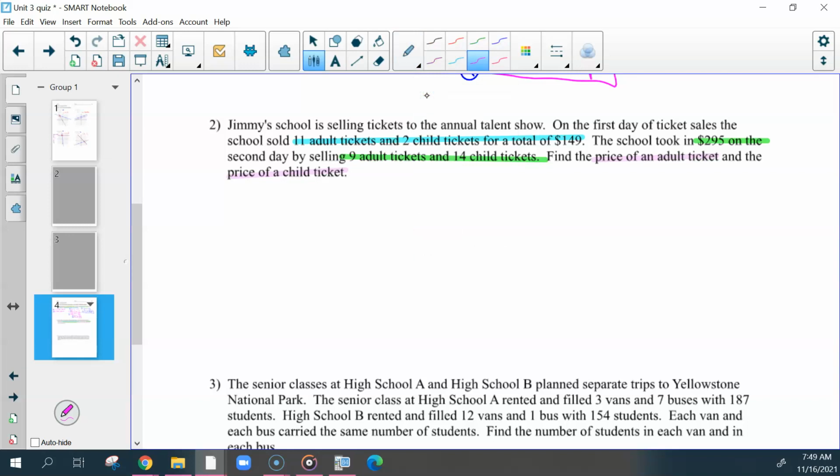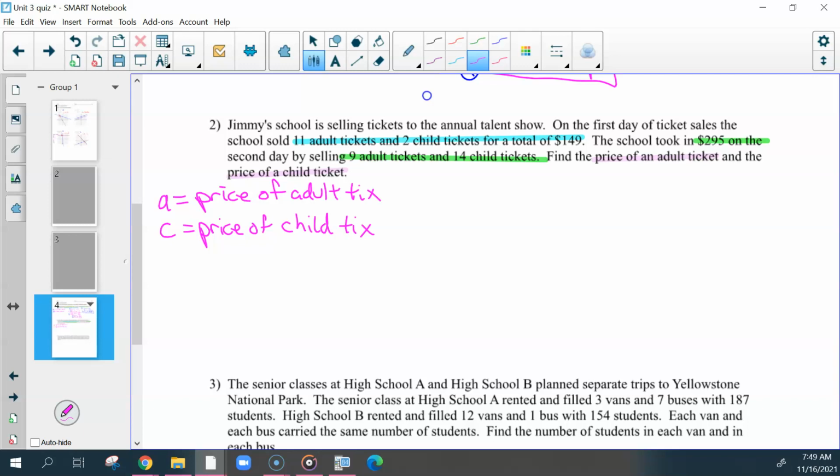You can say A and C, A and K, X and Y, whatever you want. I'll just put TX for tickets. So if you just put adult ticket, children ticket, that doesn't tell me is that the number of, the cost of, so be very specific.